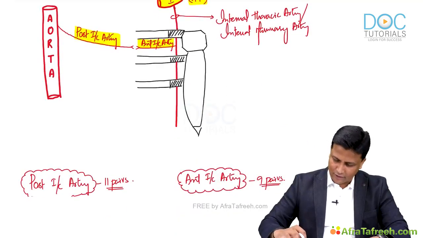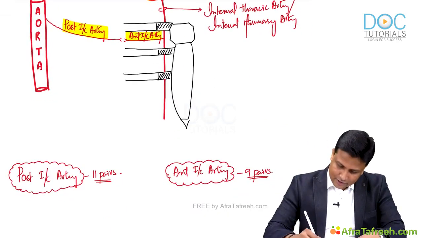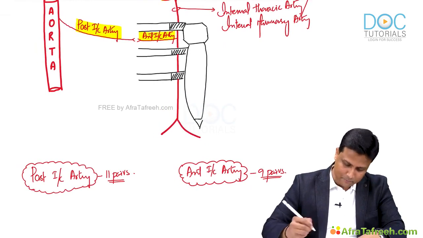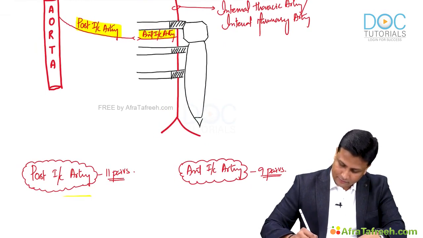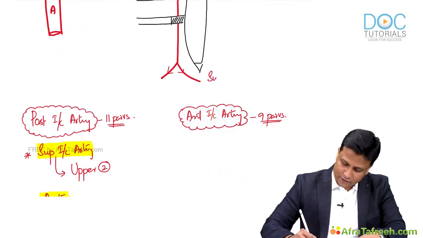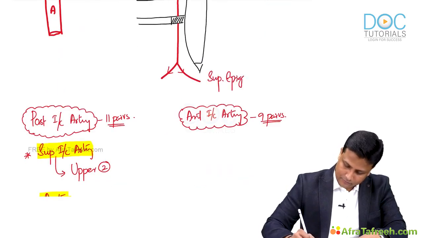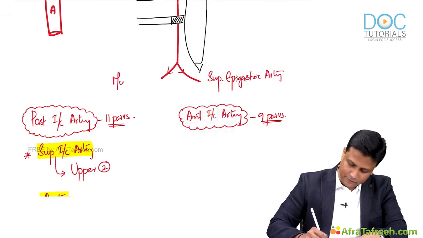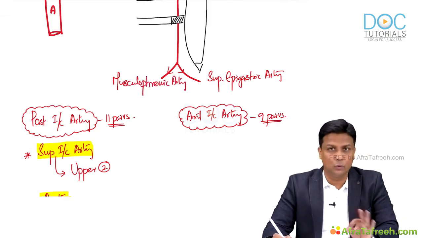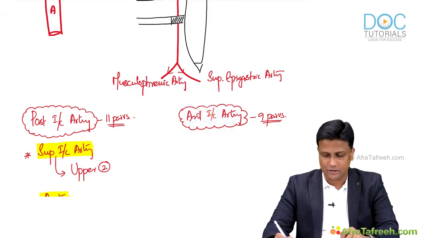So let us first draw this diagram here. Internal thoracic artery is going to terminate here by dividing into 2 branches. There will be one branch here, the superior epigastric artery, and another branch here, the musculophrenic artery.